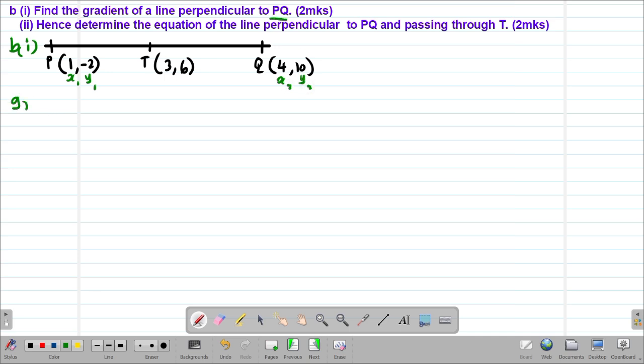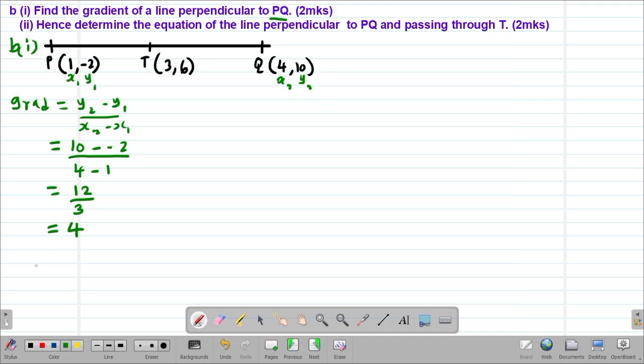So the gradient of the line PQ must be given by y2 minus y1 over x2 minus x1, which will be given by my y2 is positive 10, then minus y1 is negative 2, then divided by my x2 is actually positive 4, then minus x1 is 1. So negative will be plus, so this will be 10 plus 2, which is 12, then divided by 4 minus 1, I'll get positive 3. Then of course 12 divided by 3, I'm going to get positive 4 as the gradient of the line PQ.